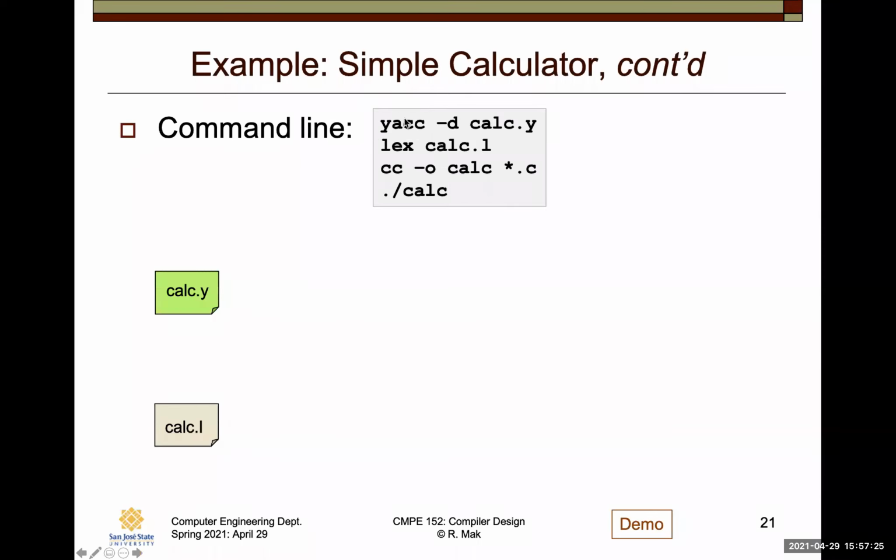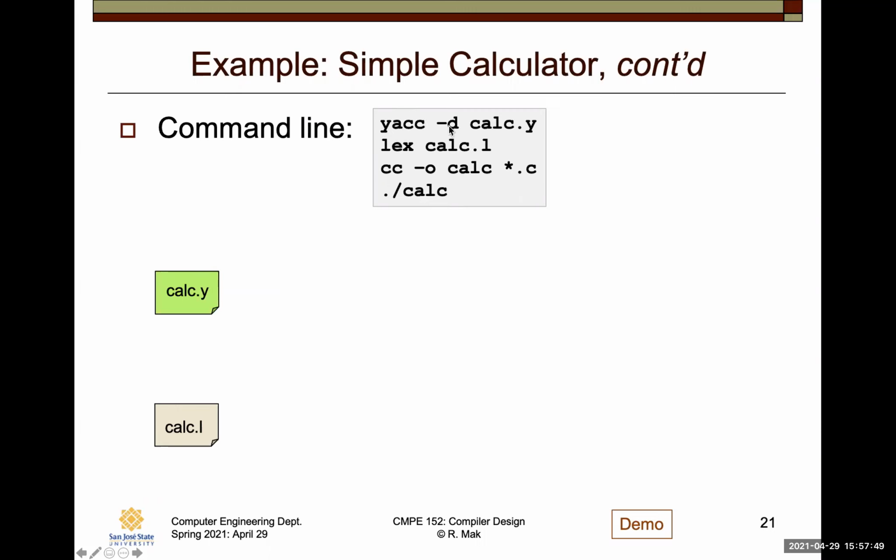Well, now that we have everything, here's how we built the compiler. We have calc.y and calc.l. calc.l described the tokens. calc.y had the main program and the production rules. So we're going to call yacc.